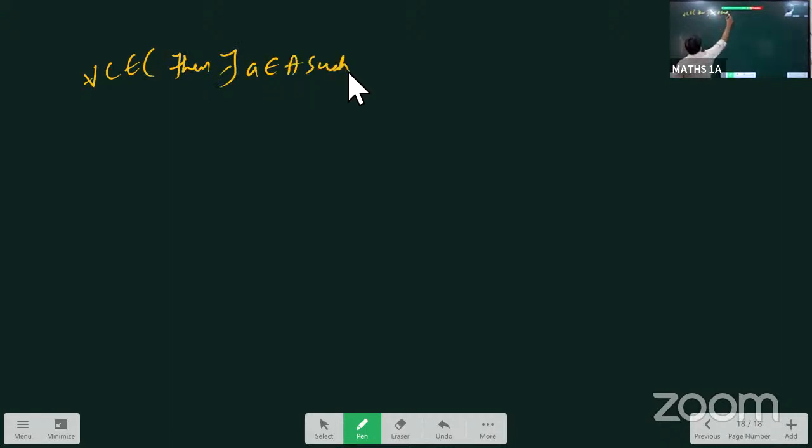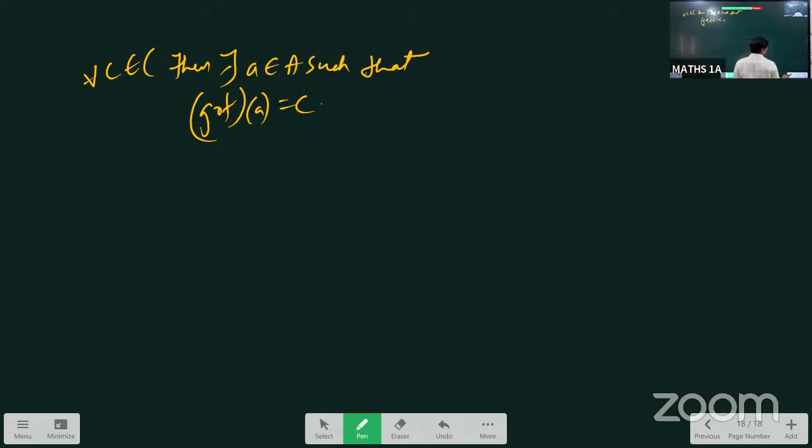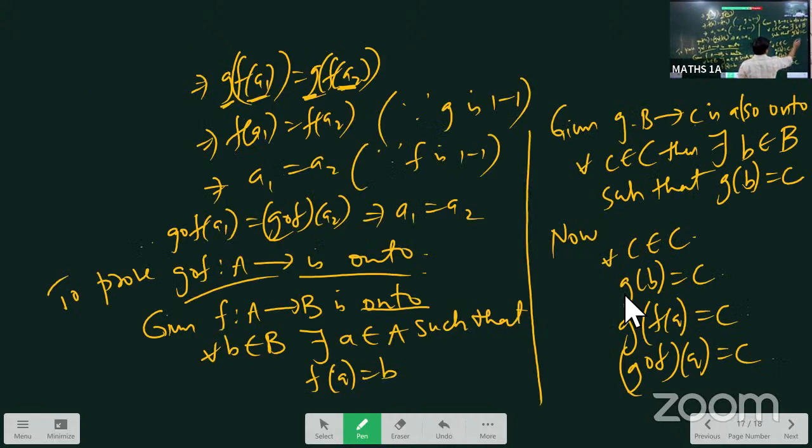Therefore, for every c belongs to C, there exists some a belongs to A such that G circle F of a is c. I didn't write G circle F of a directly as c, students. First I took G of b equal to c because it is true. And instead of b, I replaced with F of a because that is also true. Now G of F of a, you write your composite definition. That is G circle F of a. That's all. Is it clear?